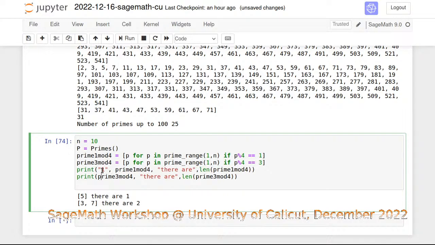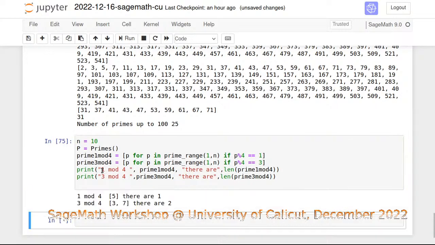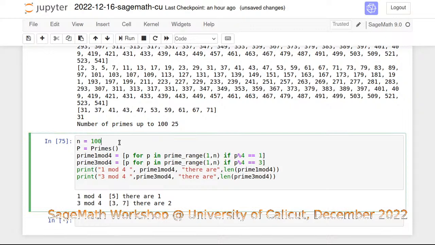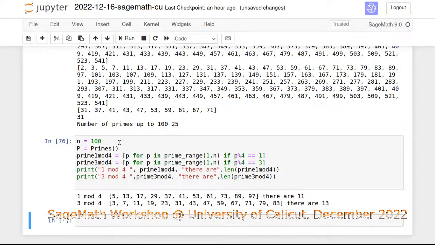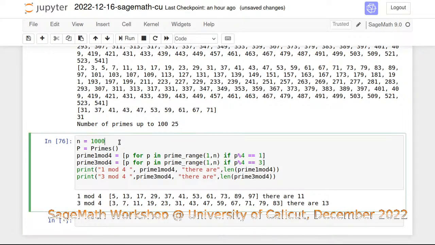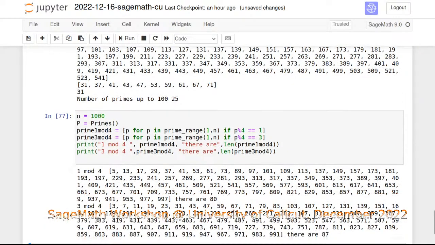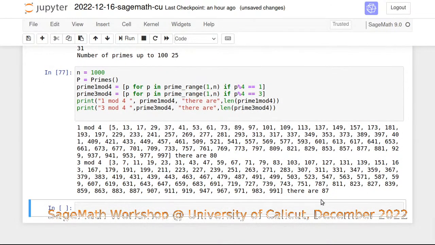1 mod 4. 3 mod 4. So now 3 mod 4 is more, up to 10, up to 100. 3 mod 4 is still more, up to 1000. 3 mod 4 is still more.